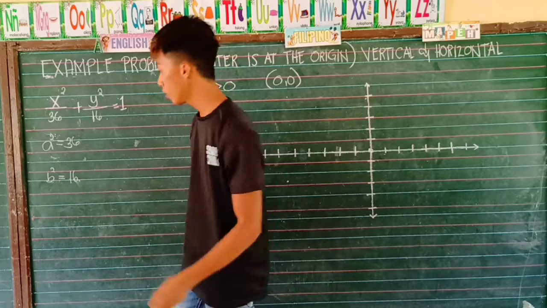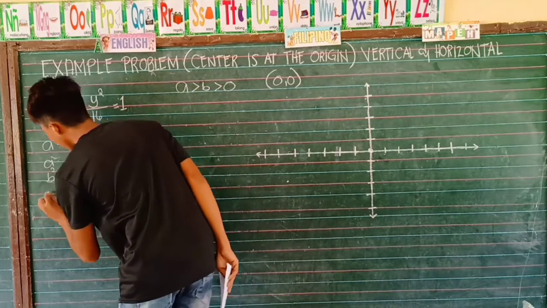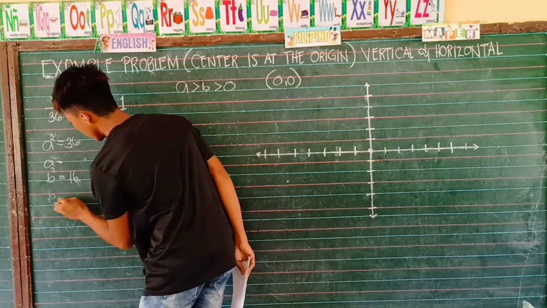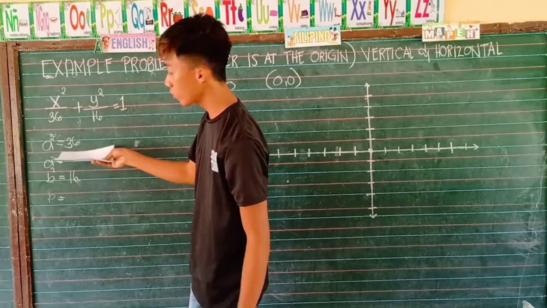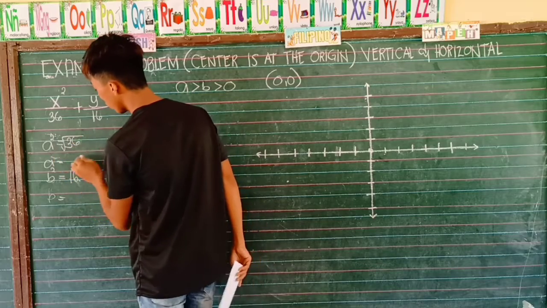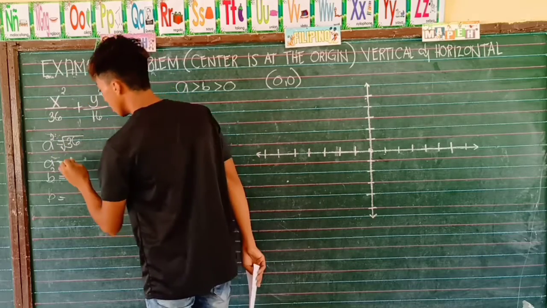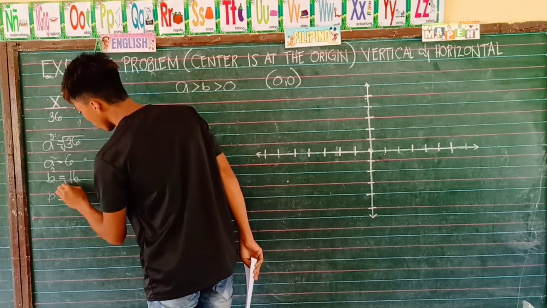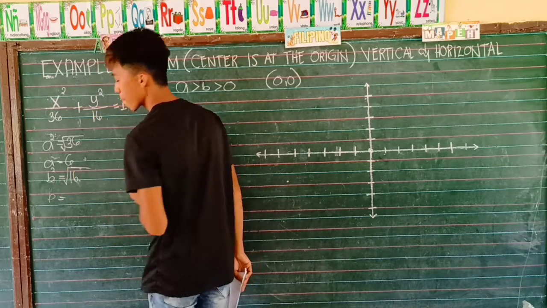We'll find the value of a and b. The value of a is the square root of a squared, which is the square root of 36, equal to 6, and the square root of 16 is 4.